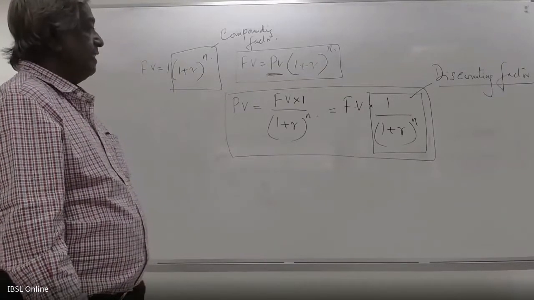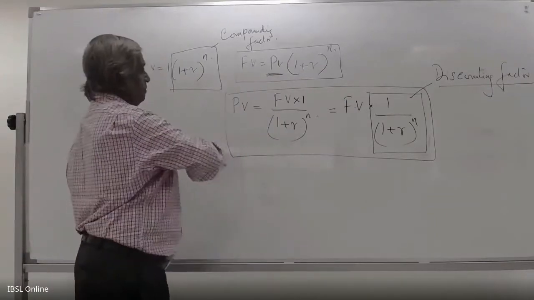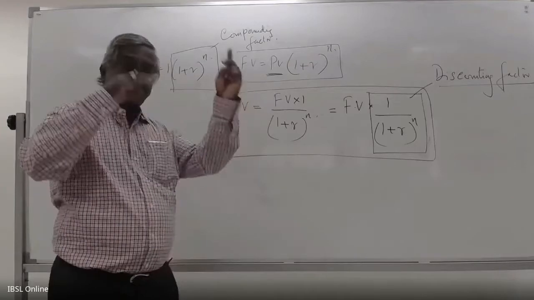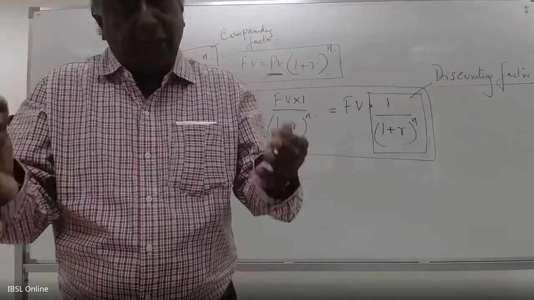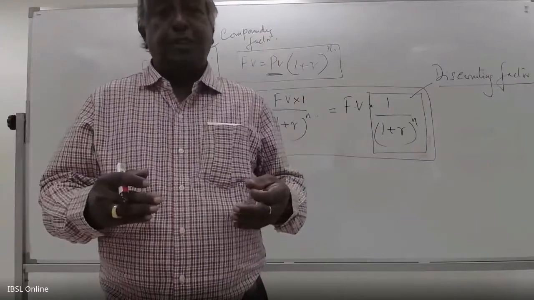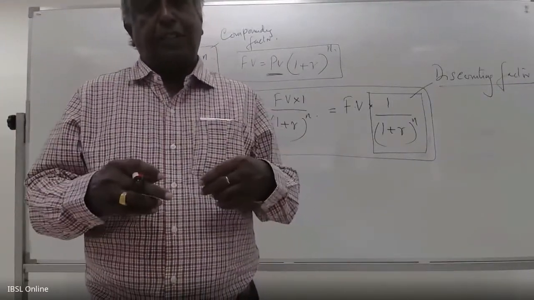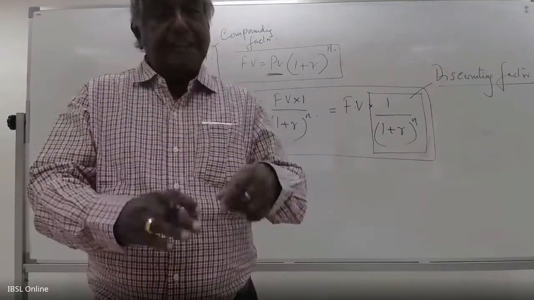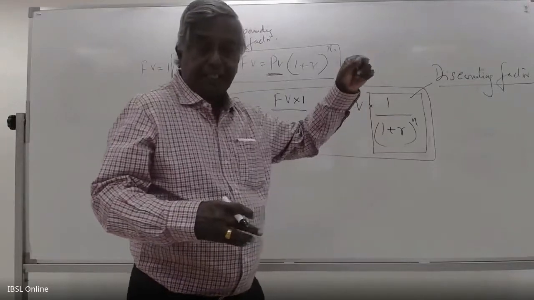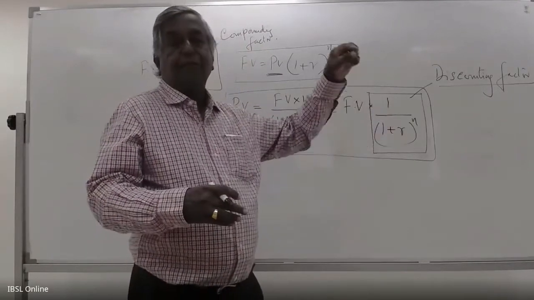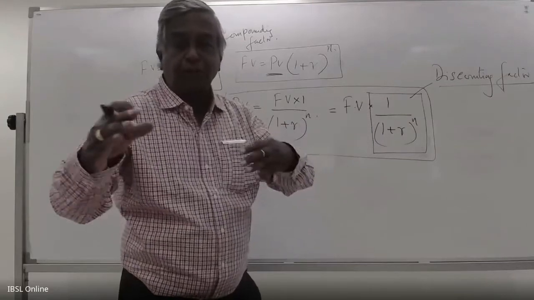So converting the future value into present value, as I told you, like the compounding factor table, there is a discounting table also. The discounting factor differs for each percentage of interest and for different years.